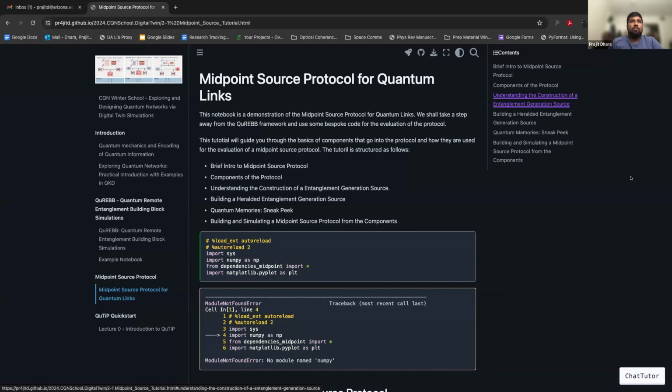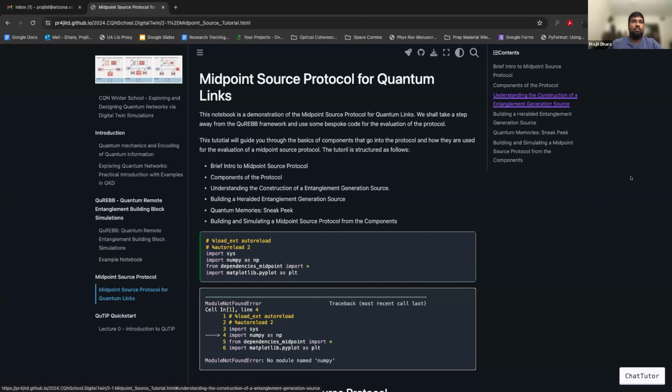Then I'll focus deep into the entanglement generation sources, specifically how you get photonic entanglement natively from certain nonlinear photonic processes, and how you improve that and build a heralded entanglement generation source. I'll do a quick sneak peek into some types of quantum memories and how they're being used, and then I'll give a standalone simulation exercise, which is all embedded in code over here, on building and simulating a midpoint source protocol from its components.